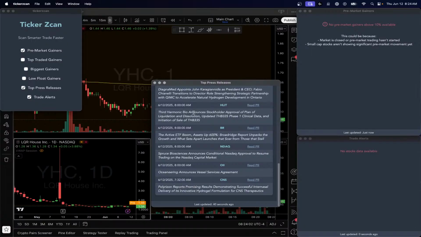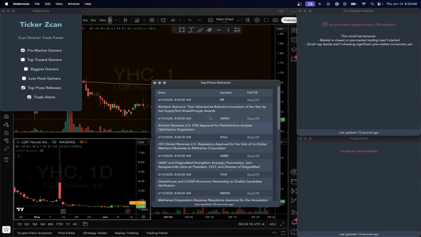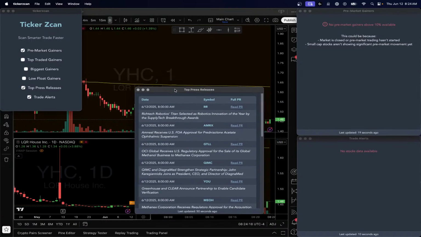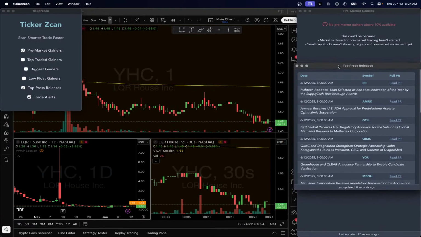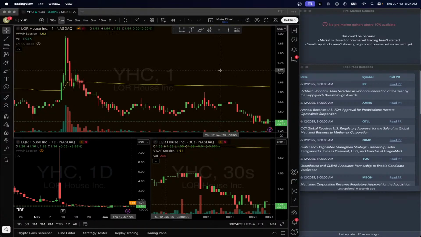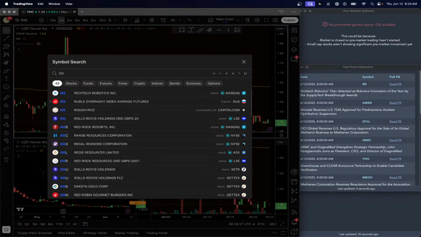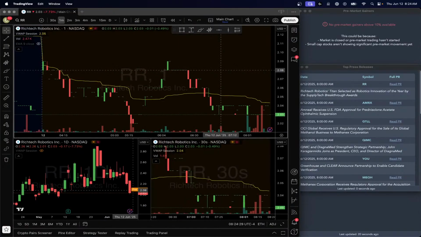It's really slow. We'll have to wait for 8:30, they should probably release something. But if we look at RR, there's nothing there. That's why it's not showing up on the scanner.